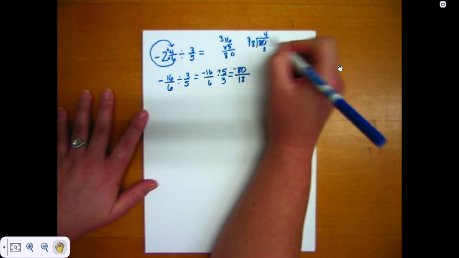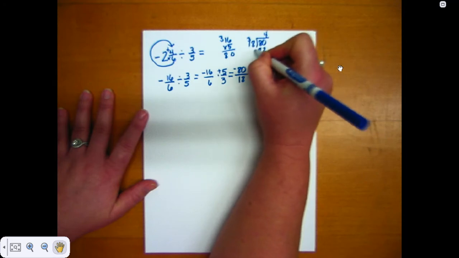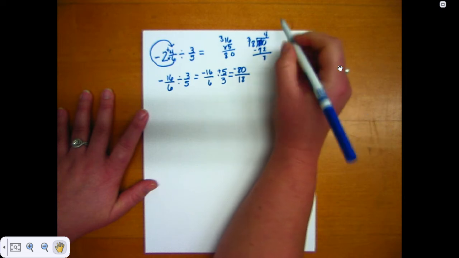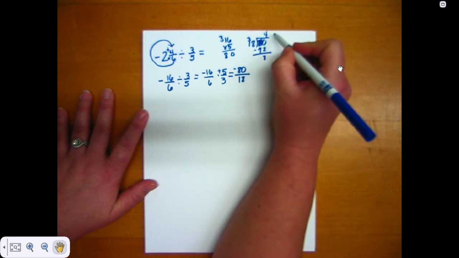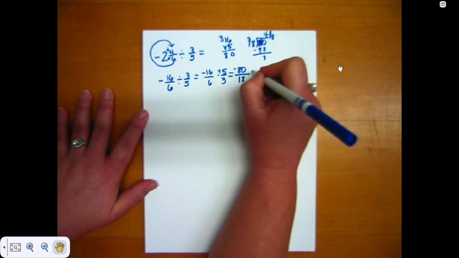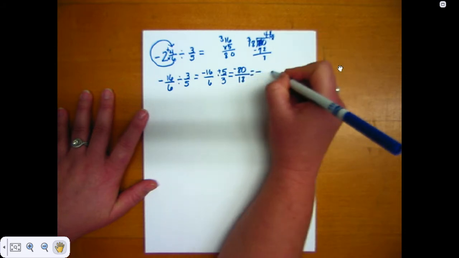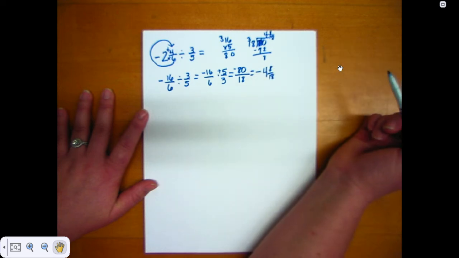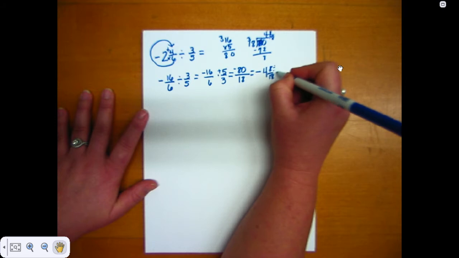4 times 1 is 4. 4 plus 3 is 7. And we subtract that, and we get 8. That's less than 18, so it becomes my remainder. 4 and 8/18. Don't forget your negative. -4 and 8/18. I see that I can divide both of these by 2.